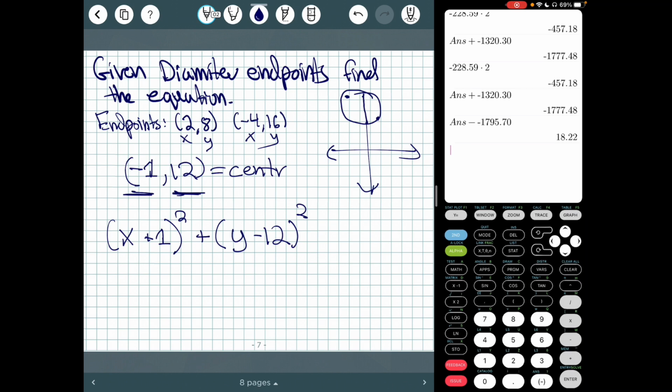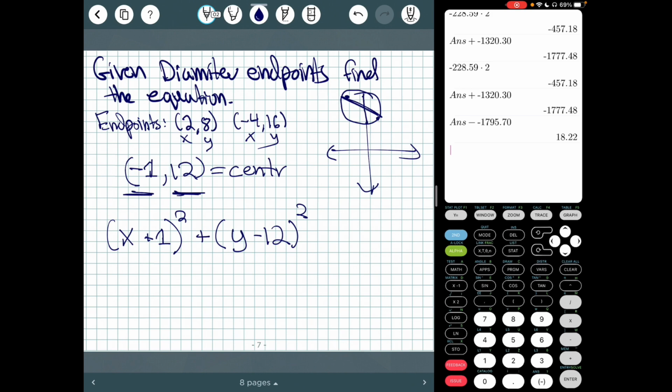Now, what we're going to do is find the radius. Remember, we're getting 2 endpoints, which is actually a diameter. So we can find the distance between these 2 points. That will be 2 times the radius, because 2 times the radius equals the diameter, so we just divide it by 2 to get the radius.